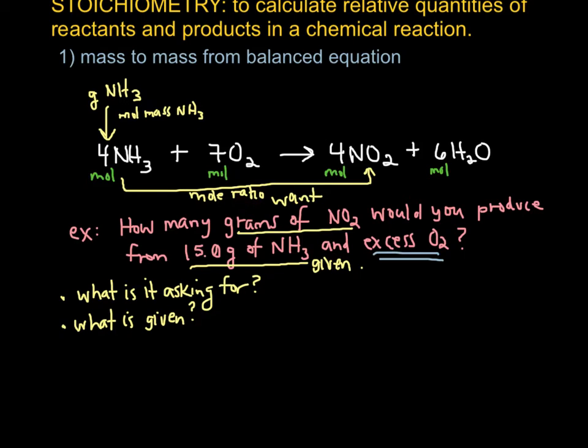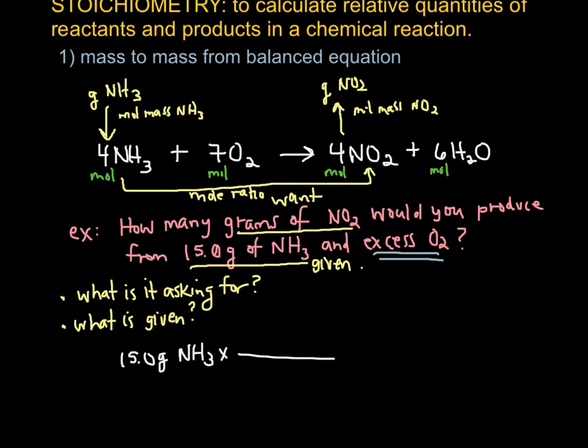So you're going to want to take that moles of NO2 and convert it to grams of NO2. And you'll do that using the molar mass of NO2. So we're going to make a 1, 2, 3 calculations, or 3-part conversion. So you always start with what you were given, which is 15.0 grams of NH3.